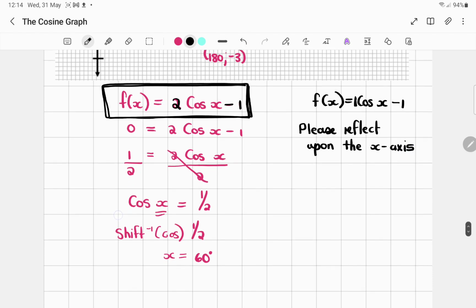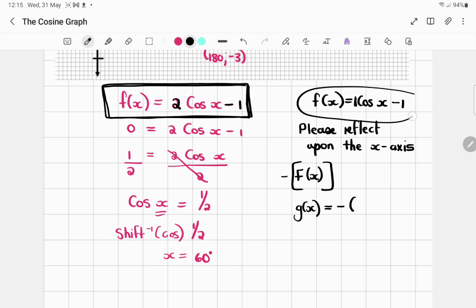Okay, so if you reflect upon the x-axis, you are going to make the y negative. So you are going to put a negative in front of the whole f of x. So that means you're going to have the reflected graph, let's call it g of x. Which one are we reflecting?